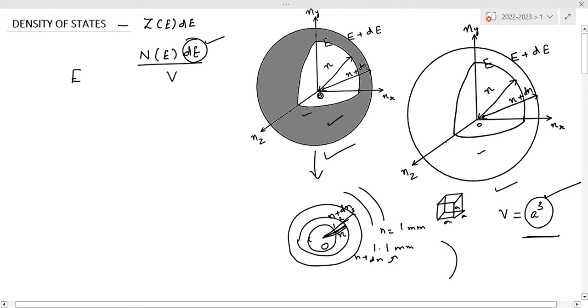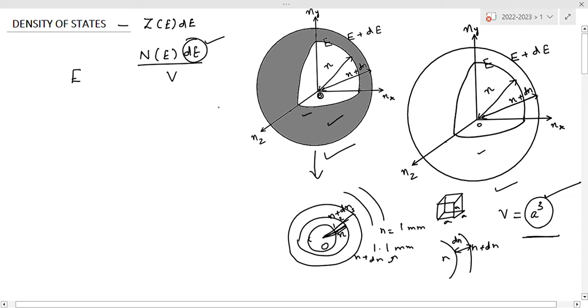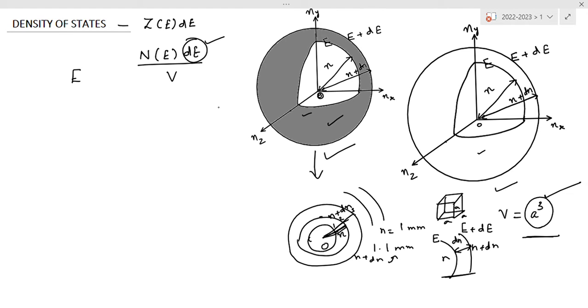So in between N and N plus dN, the difference is dN. Similarly, the energy of this second shell is E, and the next is E plus dE. This can be considered between any two shells in the sphere.